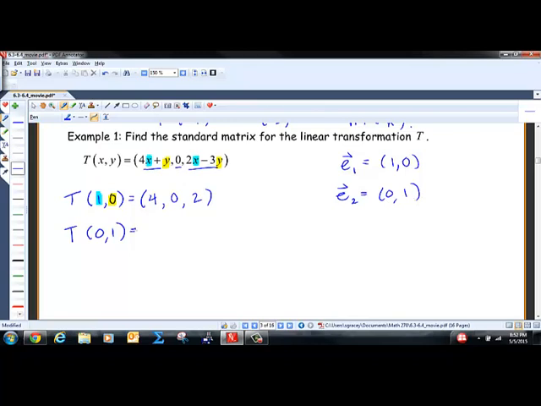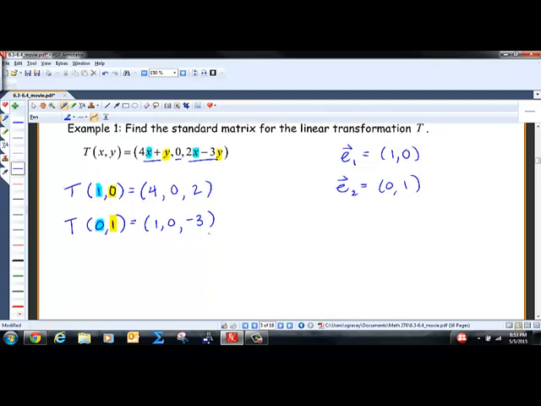And so this guy, again, we're going to be plugging in the same stuff, except we've got a 1 for y this time and a 0 for x. So when we work that out, we're going to end up with 1 right here, I believe, and then 0 again, and then -3. Are you guys good? Perfect.